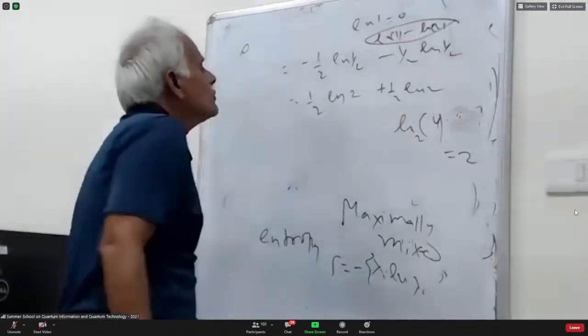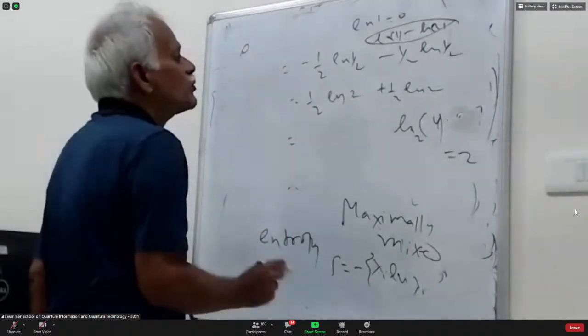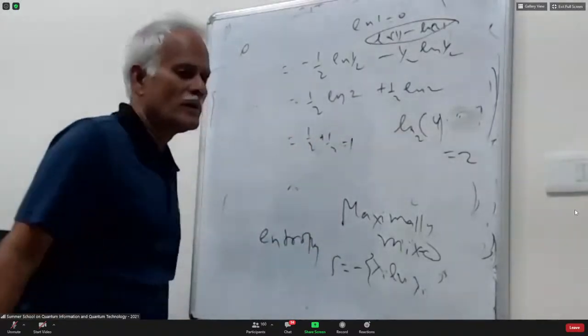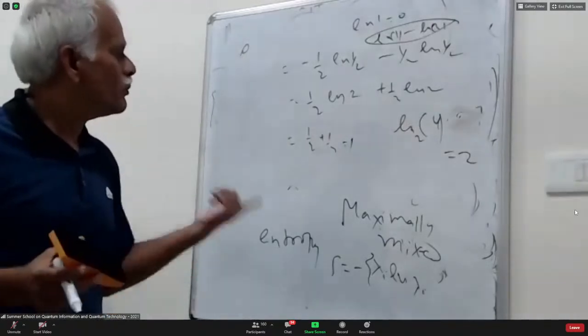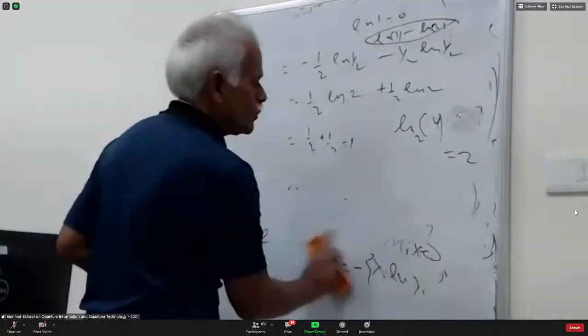Log 1 is 0, so very good, and log 2 with base 2 is 1. So it becomes half plus half equal to 1. So this is 1 e-bit of entanglement. And when you compute others, they will be less. Okay.